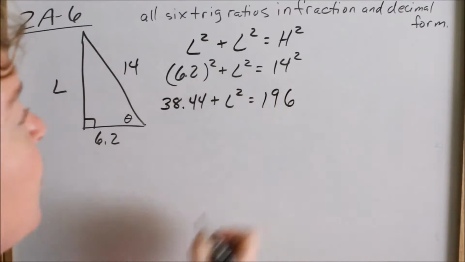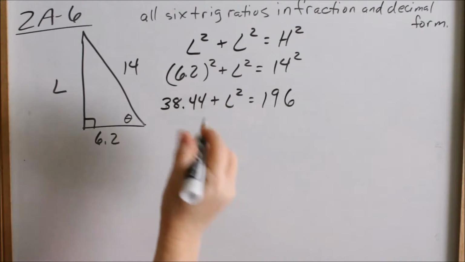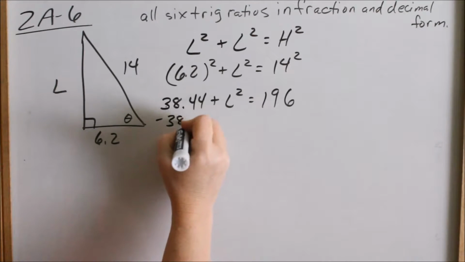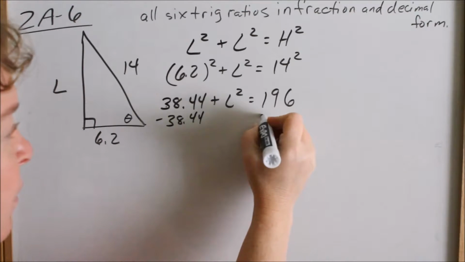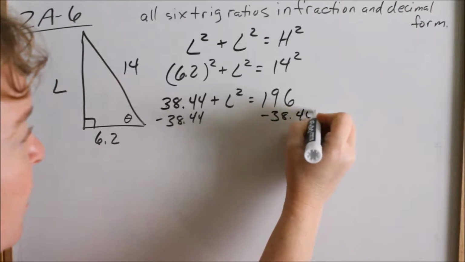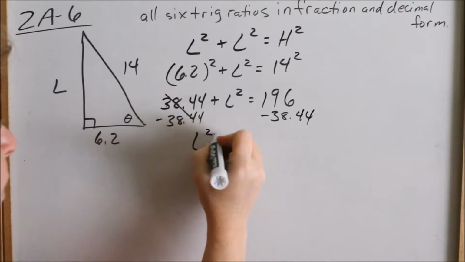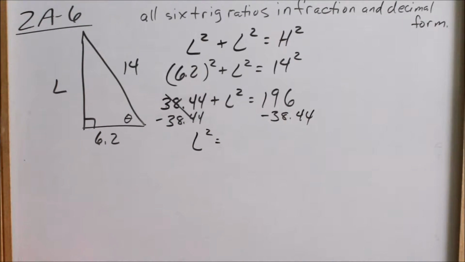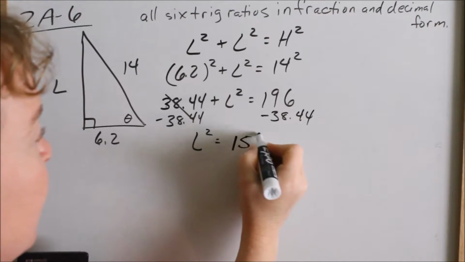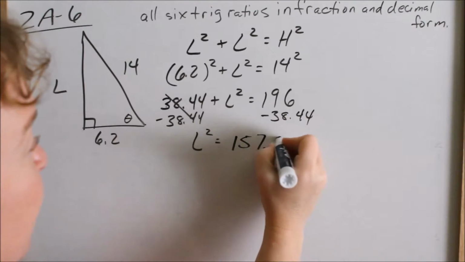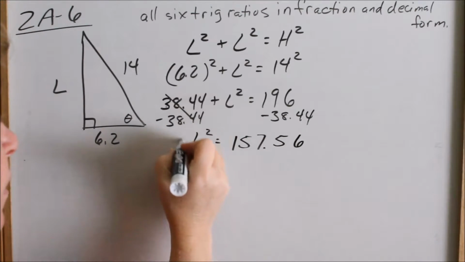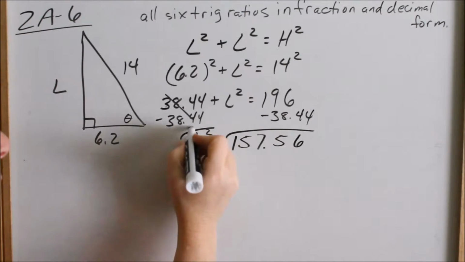14 squared is 196. We're solving for L, so we need to subtract 38.44 from both sides. So L squared equals 157.56. We're solving for L, so we take the square root of both sides.